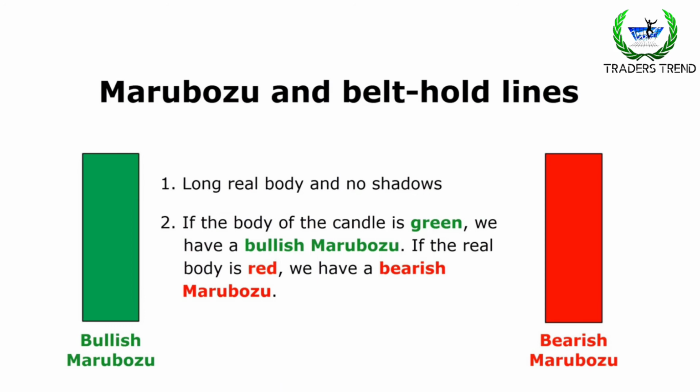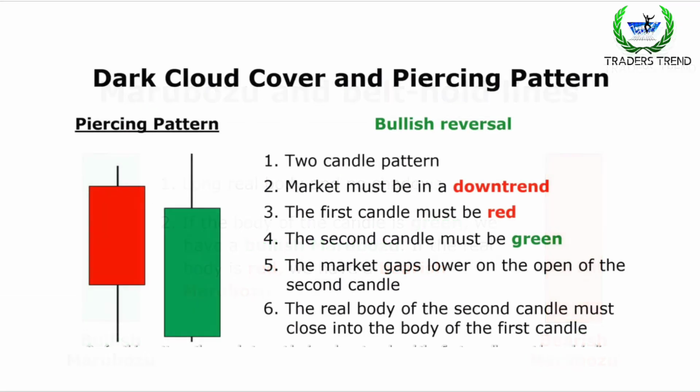And the next one is the piercing pattern. The piercing pattern is a bullish reversal pattern. It is a two candle pattern. The market must be in a downtrend. The first candle must be red and the second candle must be green.